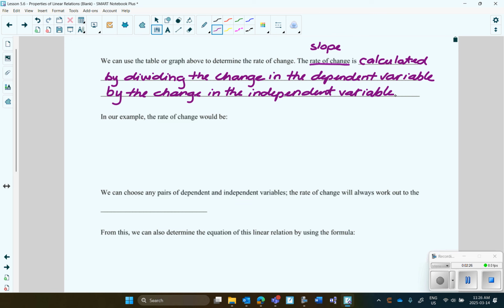And remember, the dependent variable represents the y's. The independent variable represents the x's. So we're dividing the change in the y's by the change in the x's, which is the slope formula. How do you find change? You subtract. So really we're using the slope formula, but we're not using m, we're calling it rate of change. So we're going to use this formula, but instead we're going to call it the rate of change.